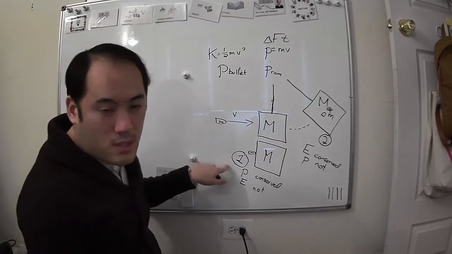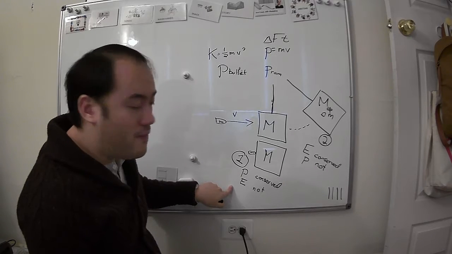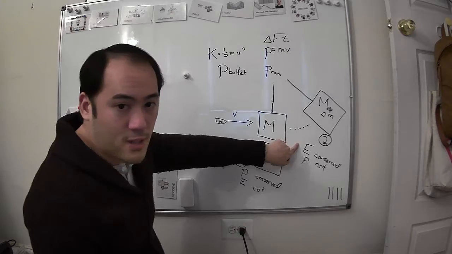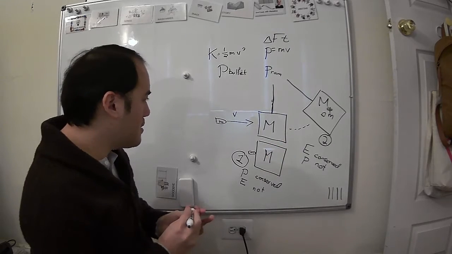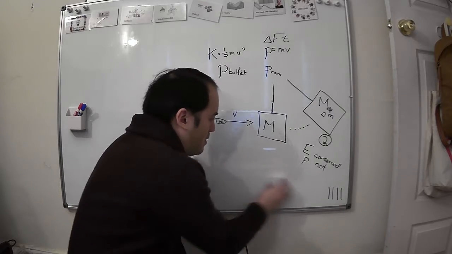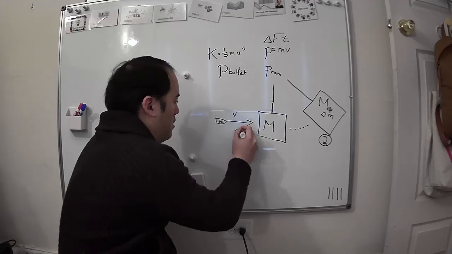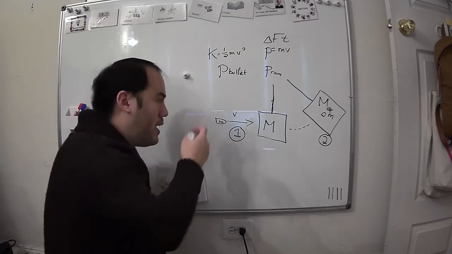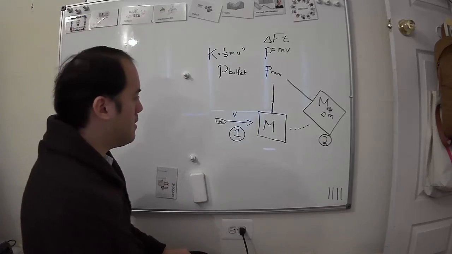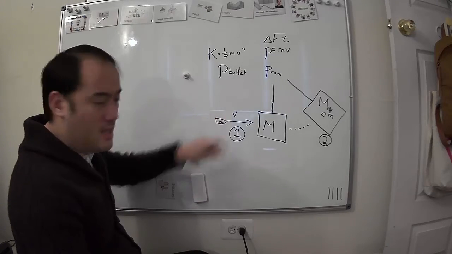Okay, so we need two stages: one where momentum is conserved and energy is not, and then finally, one where energy is conserved and momentum is not. So the first step is stage 1. Find, hopefully you don't get confused, this is little v.